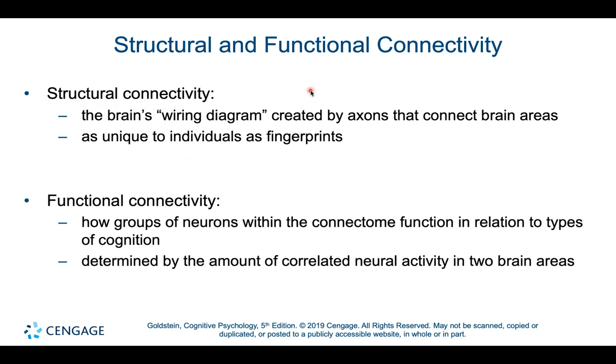Remember, we discussed earlier that in order to produce fully functioning, I'm losing the term suddenly. Feature detectors. There it is. In order to produce fully functioning feature detectors in your brain, you need experience, right?